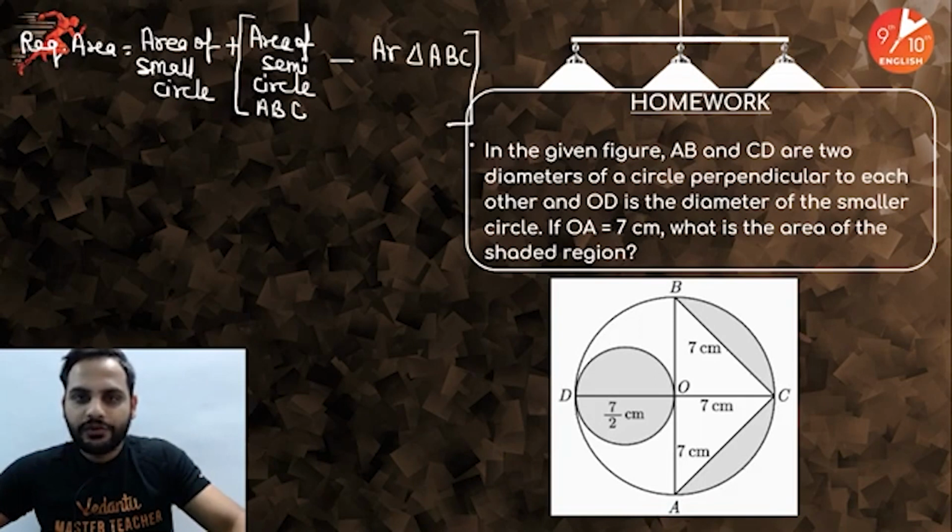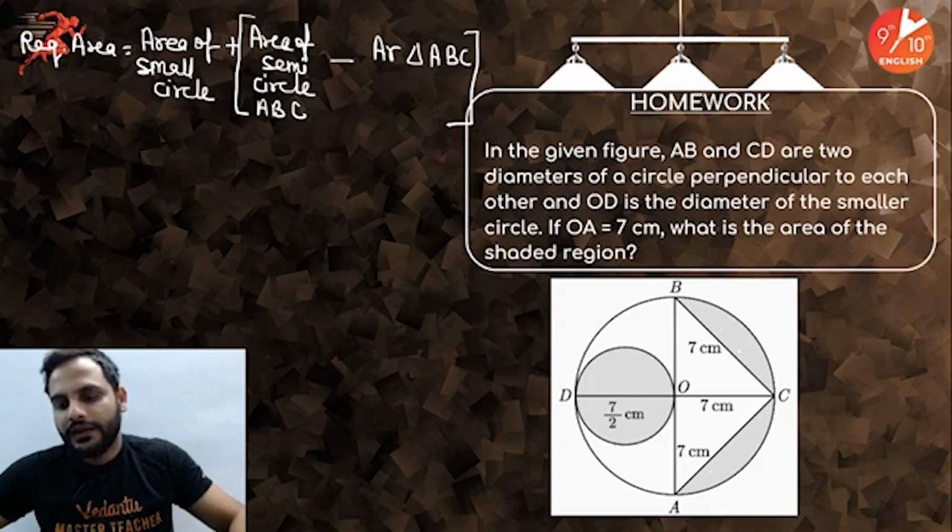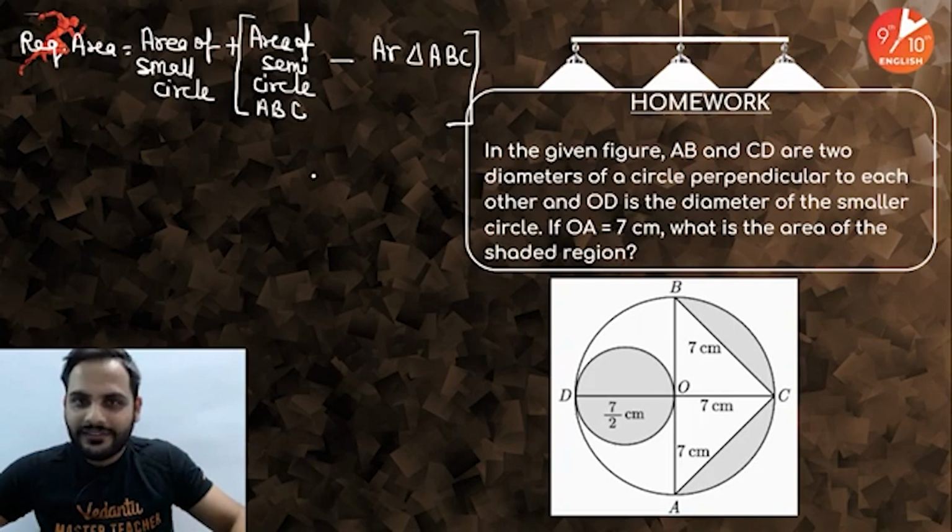Because if from the area of the semicircle ABC I subtract the area of this triangle, I will get my required segments, whatever area is required there. Okay, so that is an easier way of solving it.